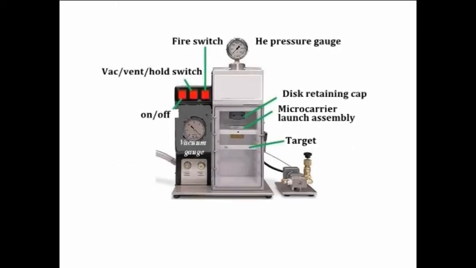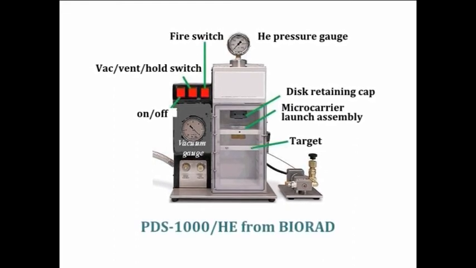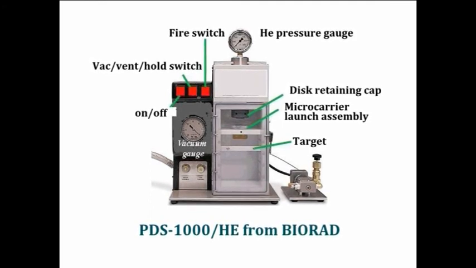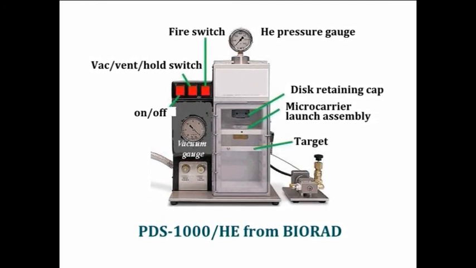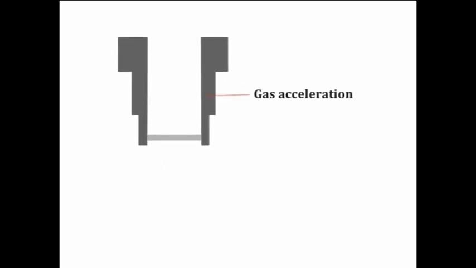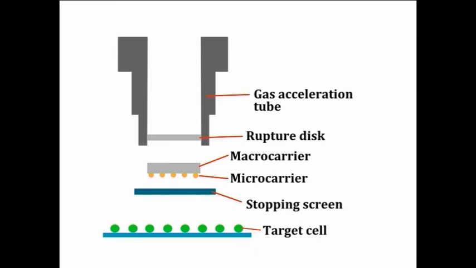The only biolistic device commercially available is the PDS 1000 from Bio-Rad, driven by helium gas. The main components of the helium pressure device are gas acceleration tube, rupture discs, stopping screen, macrocarrier, microcarriers, and target cells.